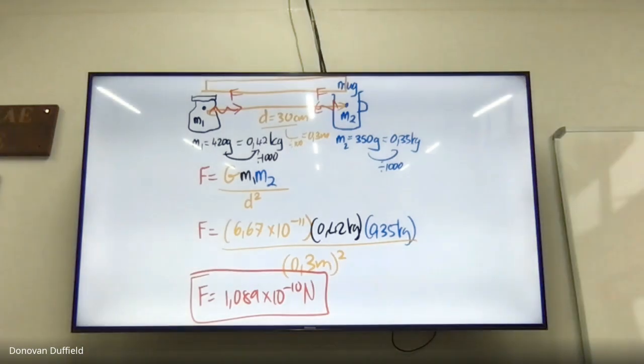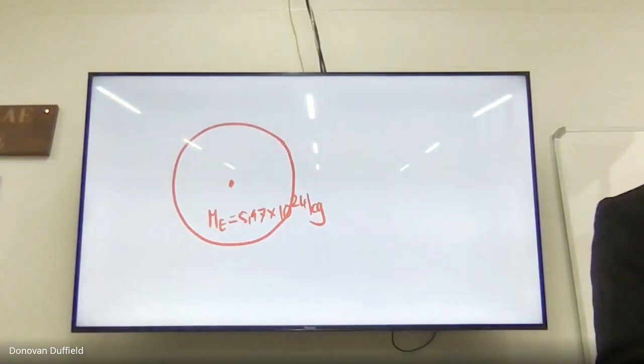Just quickly on your cell phones. If we take the mass of the Earth. Okay. That's a big number. Should we say it? What is the mass of the Earth? 5.97 times 10 to the 24 kilograms. Okay.